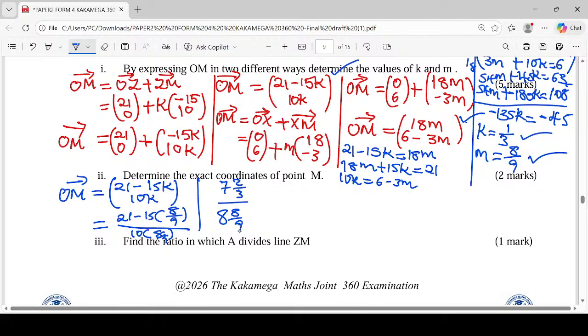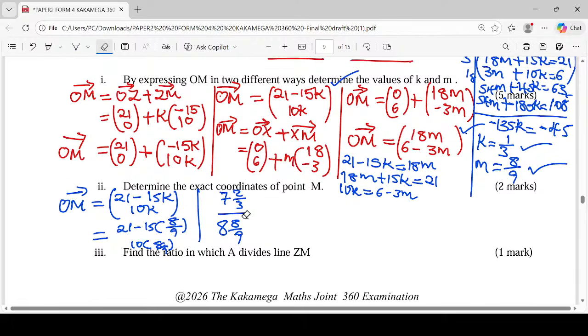Sorry, 8 over 9. In fact, as you write column vectors, we don't use an over sign that way. So the correct answer here for the coordinates, I don't know why I'm not getting what I wanted.